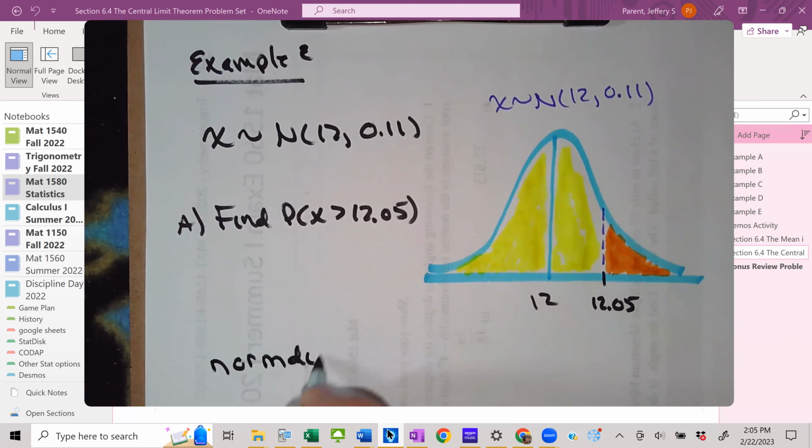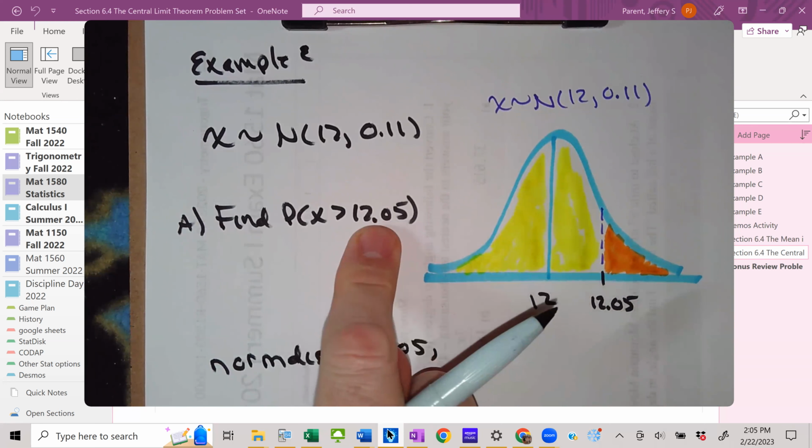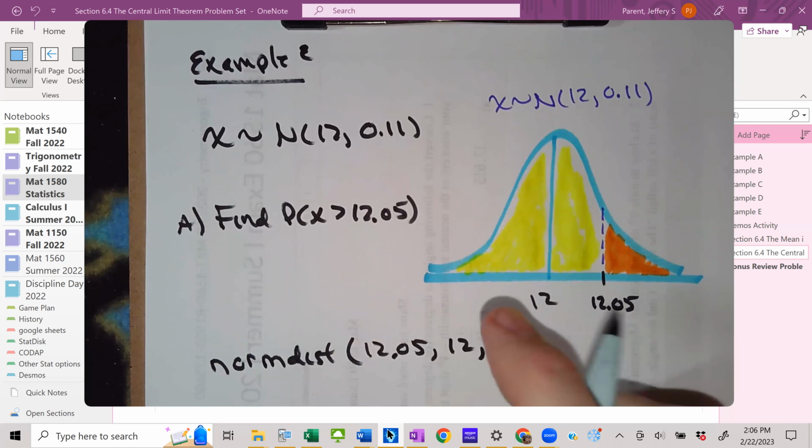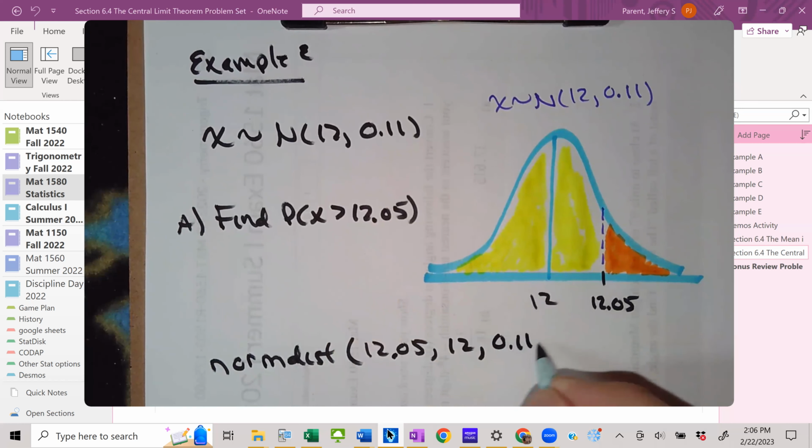Norm distribution of 12.05. And I know that in the problem this was 12.19, but I don't like the way the numbers work out with that. So I'm changing it. I won't be so capricious on an exam. The mean is 12. The standard deviation is 0.11. What comes next? True. True.